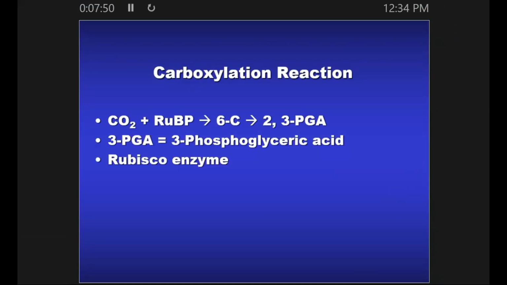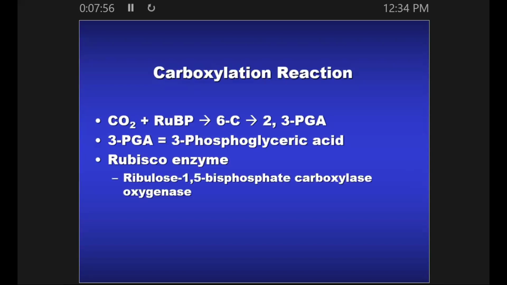The enzyme that facilitates that reaction is called Rubisco, which is an acronym. It stands for ribulose 1,5-bisphosphate carboxylase oxygenase. So it's a mouthful. That's why I'm glad they came up with the acronym Rubisco. So the C and the O on the end of that acronym, the C stands for carboxylase, the O oxygenase.